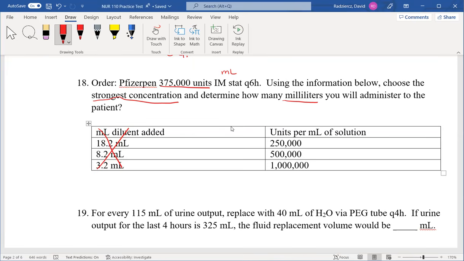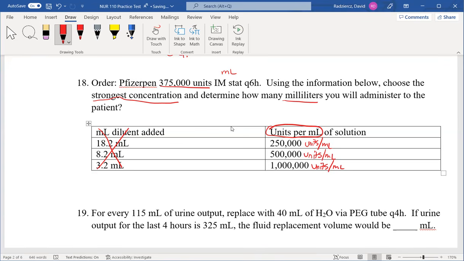What I care about is the total volume, or if it gives it to me, the units per milliliter of solution. So I'm just going to write 250,000 units per milliliter, 500,000 units per milliliter, and then 1 million units per milliliter. Once I know what each of those are, because it tells me on the insert, then I know what I'm going to be utilizing.